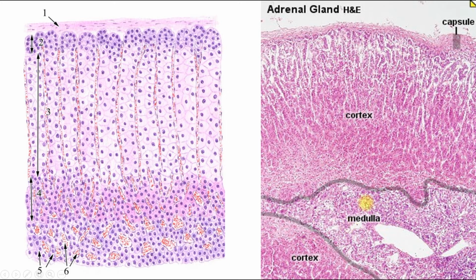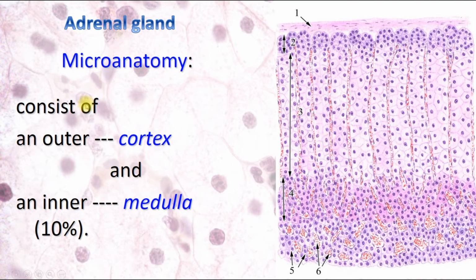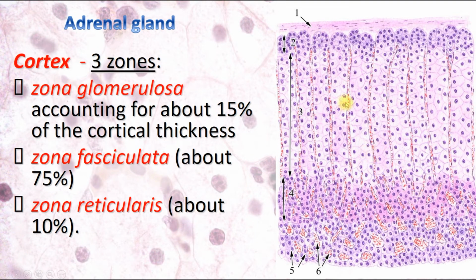And we'll look at the structure of medulla. So we'll begin from the cortex. Cortex and medulla are two basic parts of adrenal gland, and cortex has three zones which are revealed with hematoxylin and eosin staining. The outermost layer is zona glomerulosa, and cells of adrenal gland form round structures which are called glomeruli.